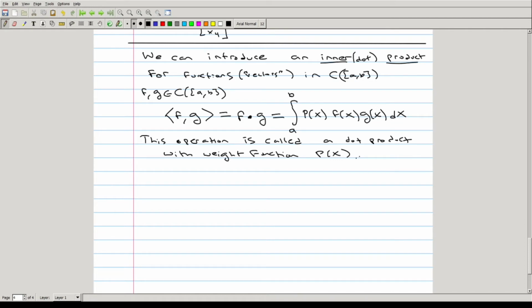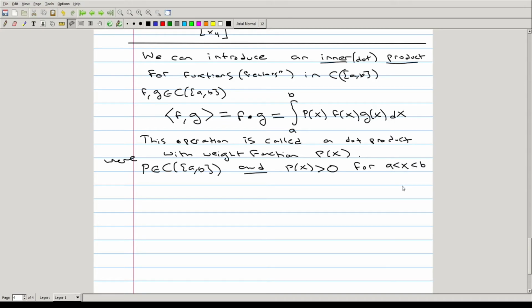Where p of x is continuous, p is in the set of continuous functions, and p of x is positive for x in the open interval from a to b.